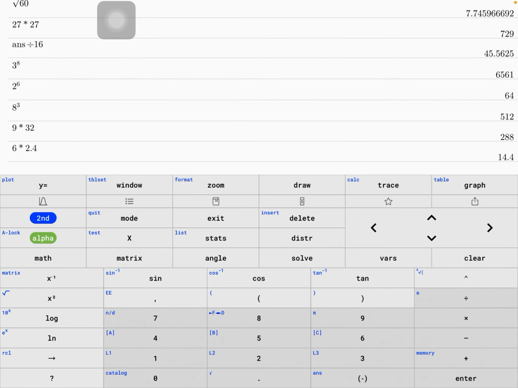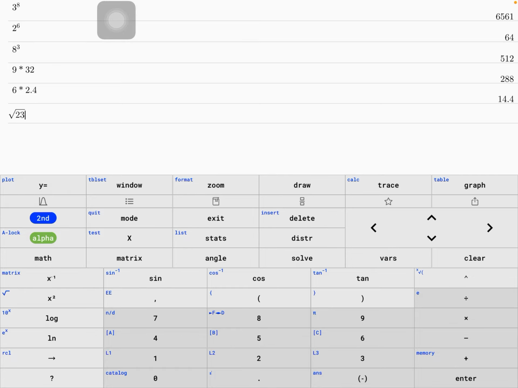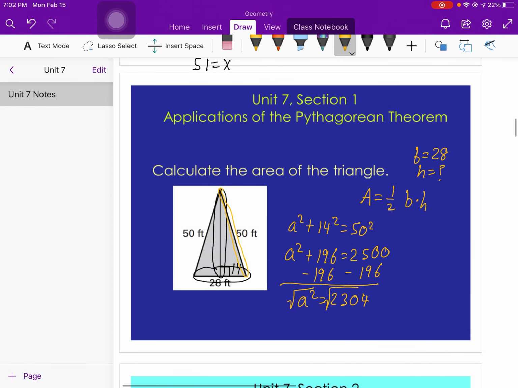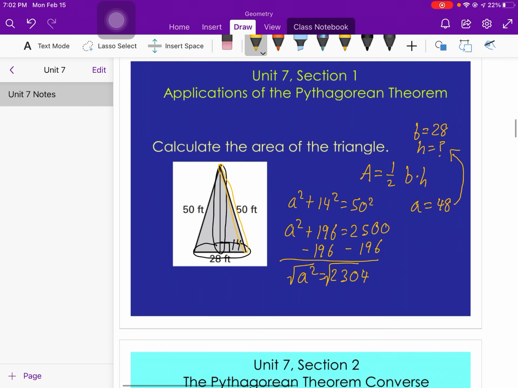Use my good old calculator here. And we get 48. Sorry. Okay, so a equals 48. Now that is our missing piece. That's the height. So now what we've got to do is take 1/2.